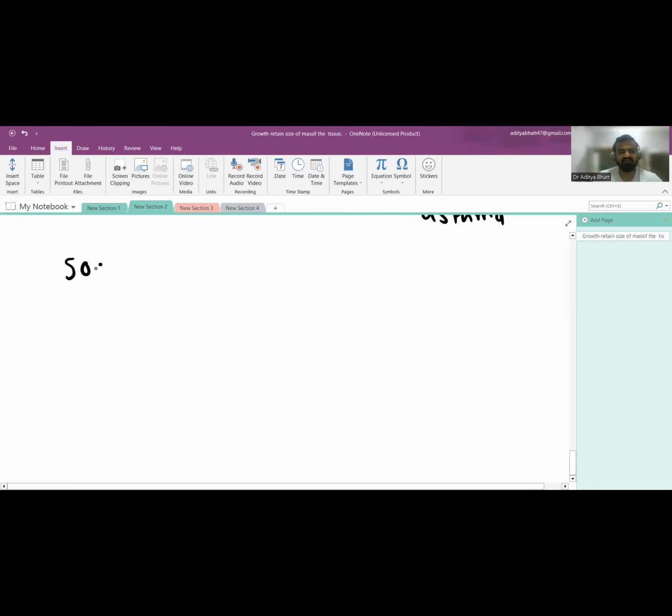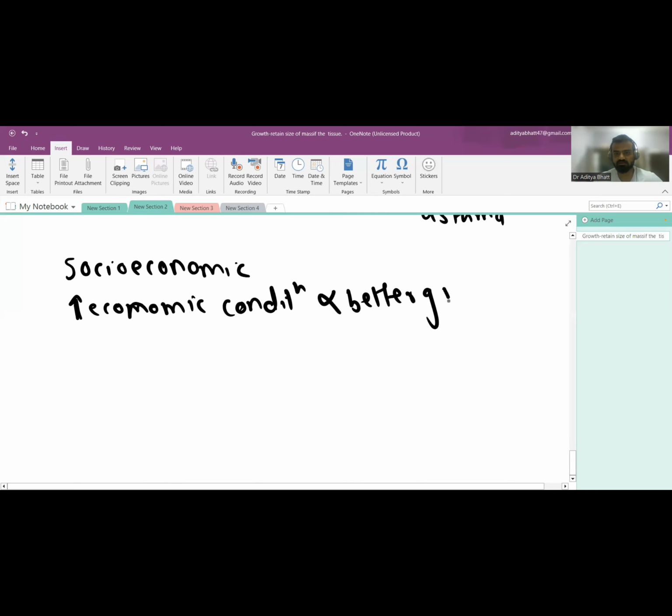Now, socio-economic factors, we will go over them very briefly. Higher the income of the family, better is the growth. Again, it is not symmetric, there are skewed data, but you have to remember that the higher the socioeconomic level, the better or more consistent is the growth.